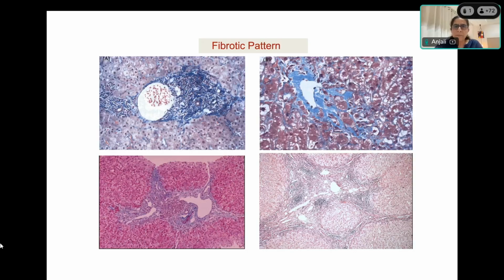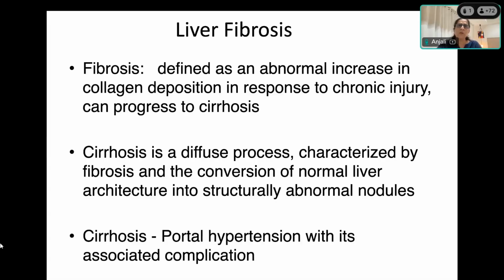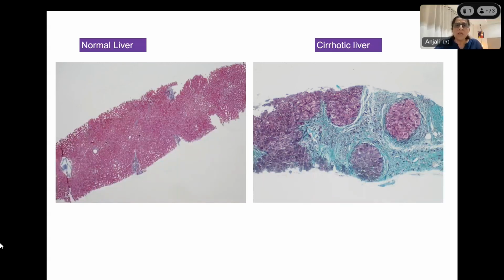All right. So this is about various patterns of liver fibrosis. Liver fibrosis is an abnormal increase in collagen deposition in response to chronic hepatitis, which can progress to liver cirrhosis. And when a patient develops liver cirrhosis, further complications come, such as portal hypertension and associated complications. Now you can see two figures.